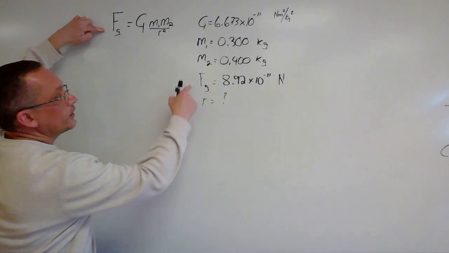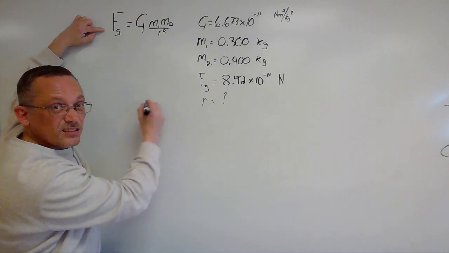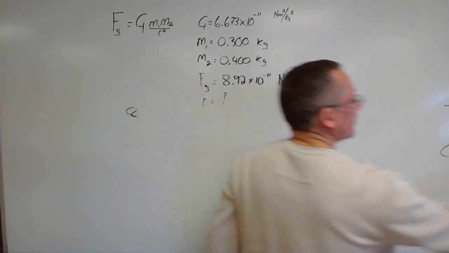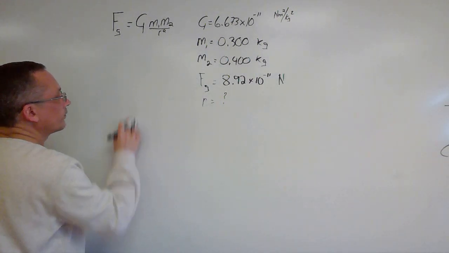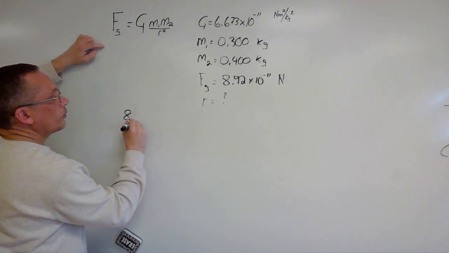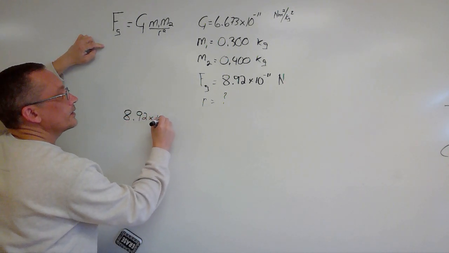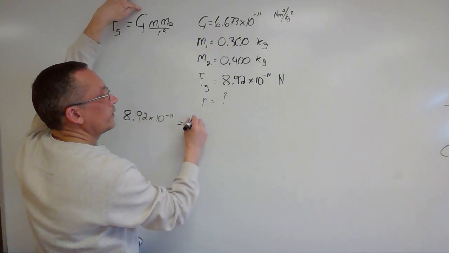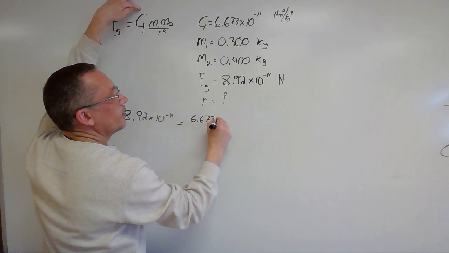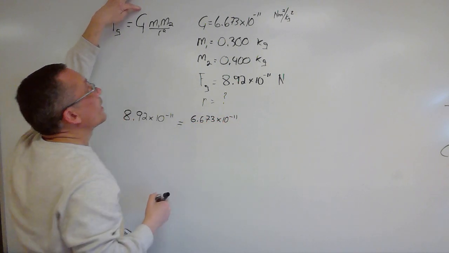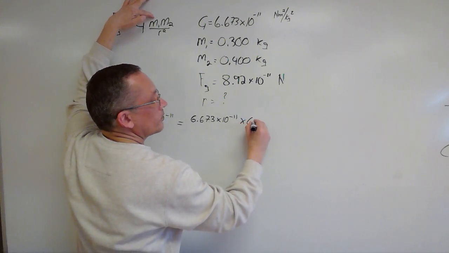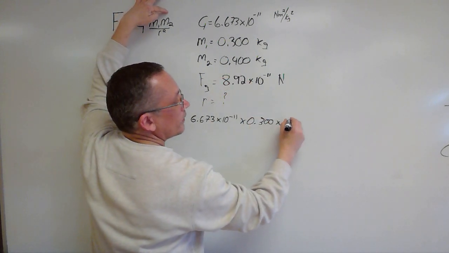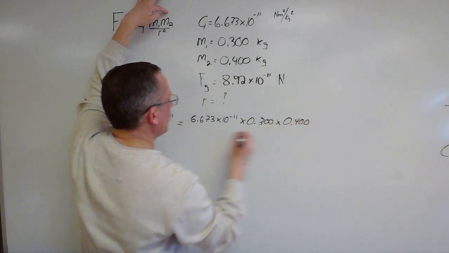So FG is this one. I'm going to write down here 8.92 times 10 to the negative 11th, and that's going to equal G, which is 6.673 times 10 to the negative 11th, times M1, which is 0.300, times M2, which is 0.400.